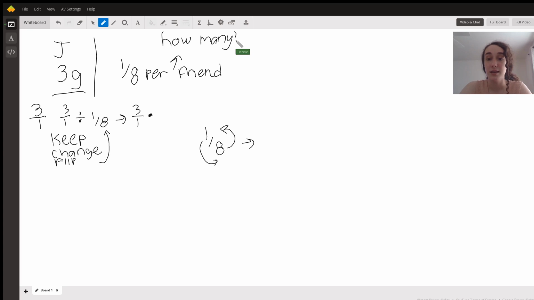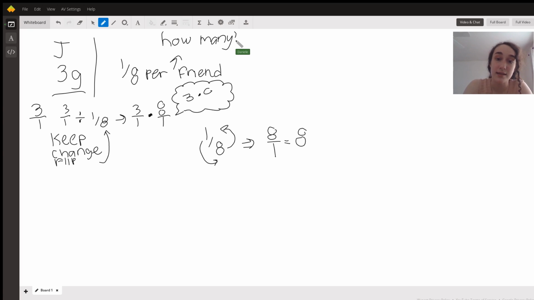That becomes 8/1. So now I have 8/1. Just like 3/1, any number over 1 always means it's just that number. So you can think of it as 3 times 8, just in fraction form.